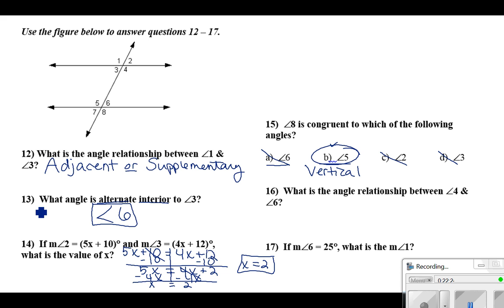Angle 4 is right here, and angle 6 is right here. I'm going to notice that they're on the same side. And I'm going to notice also that one is acute and one is obtuse. So that means that they're not going to be congruent.